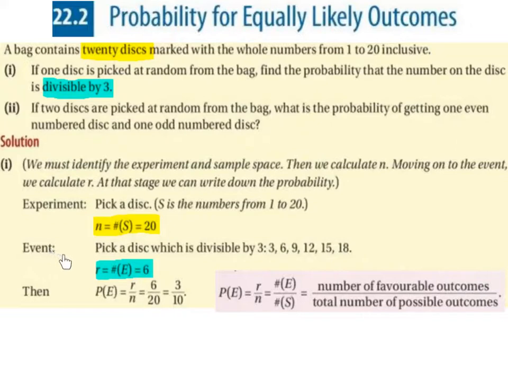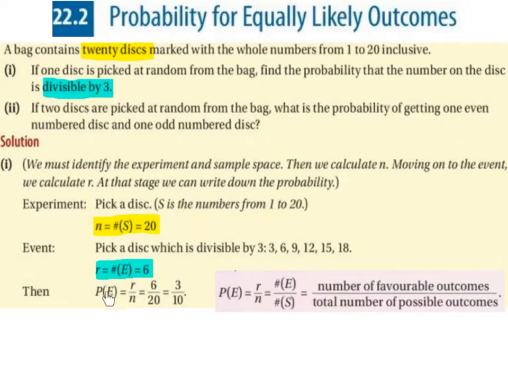The event is to pick a disc which is divisible by 3. From 1 to 20, those options are 3, 6, 9, 12, 15 and 18. Each of these numbers is divisible by 3, and there are 1, 2, 3, 4, 5, 6 of them. So r is equal to the cardinal number of E, which is 6.